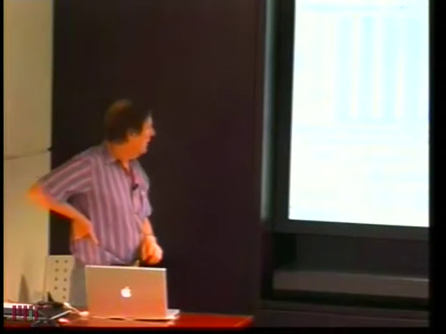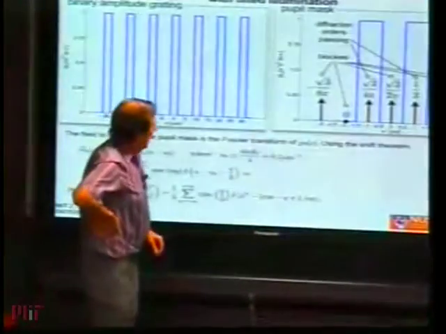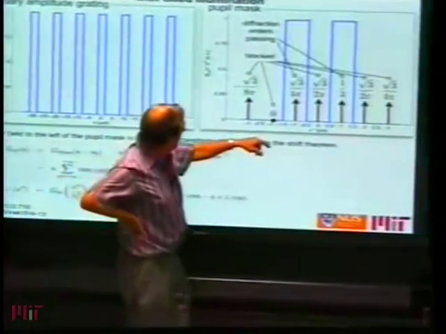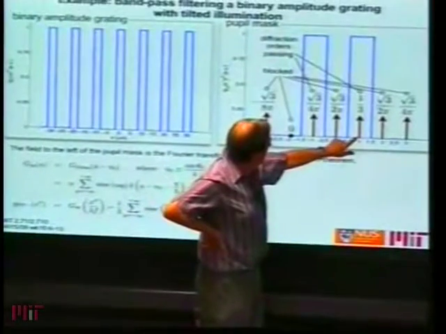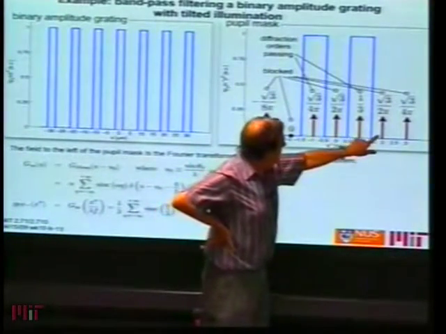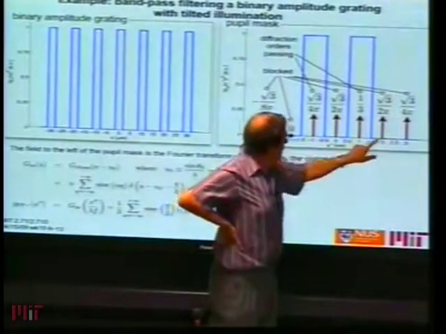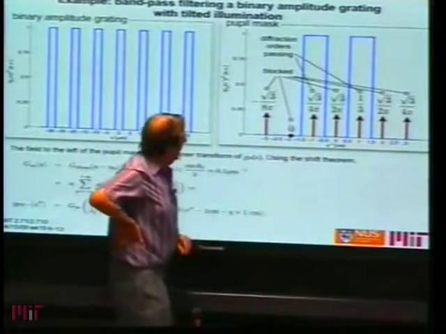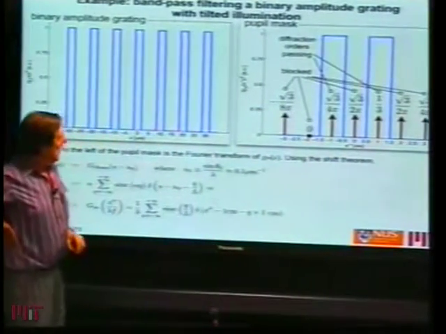Okay, so there are the grating orders. The zero order one is this one. And this is the plus and minus 1 and the plus and minus 2. So we get let through those two.